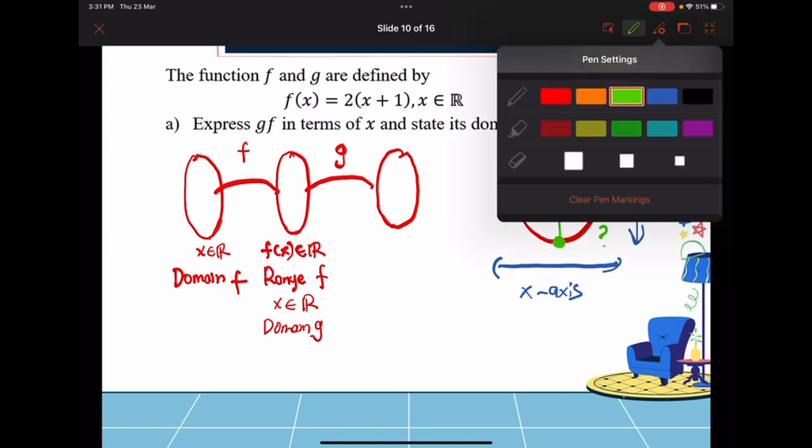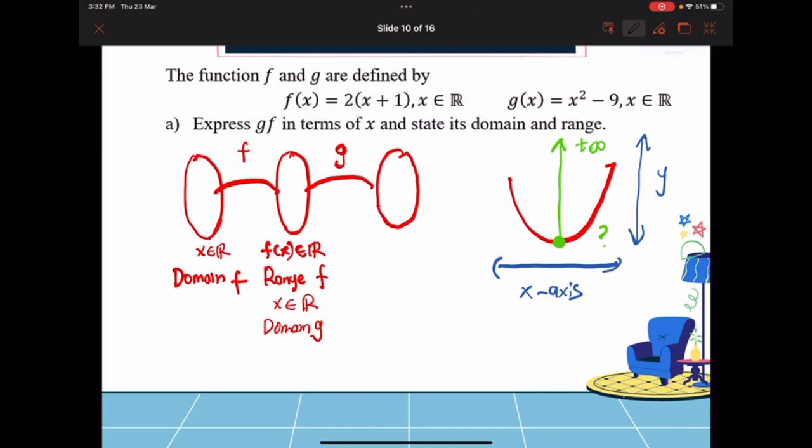Let's try to use a shorter way in finding the minimum. Let's find the axis of symmetry by using the formula negative b over 2a. In the case of here, your b is 0, so automatically your x is 0. Then you obtain your y by substituting the value of 0 into x. 0 squared minus 9, you will still get negative 9.